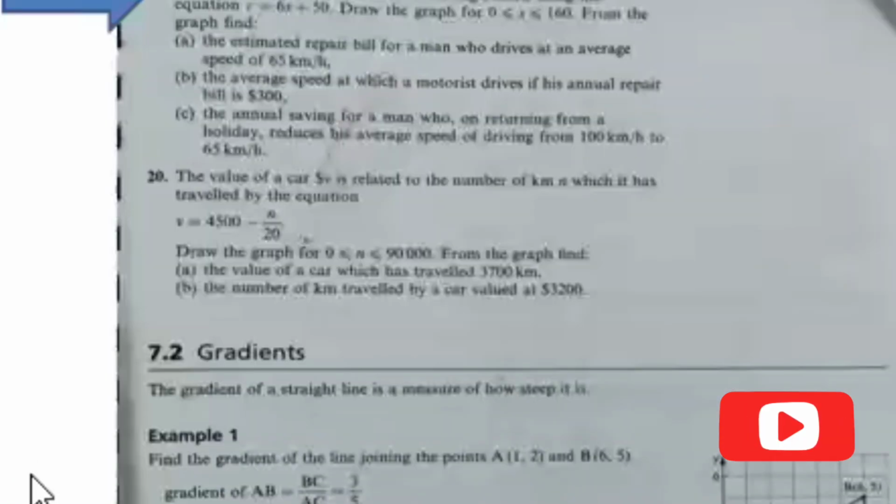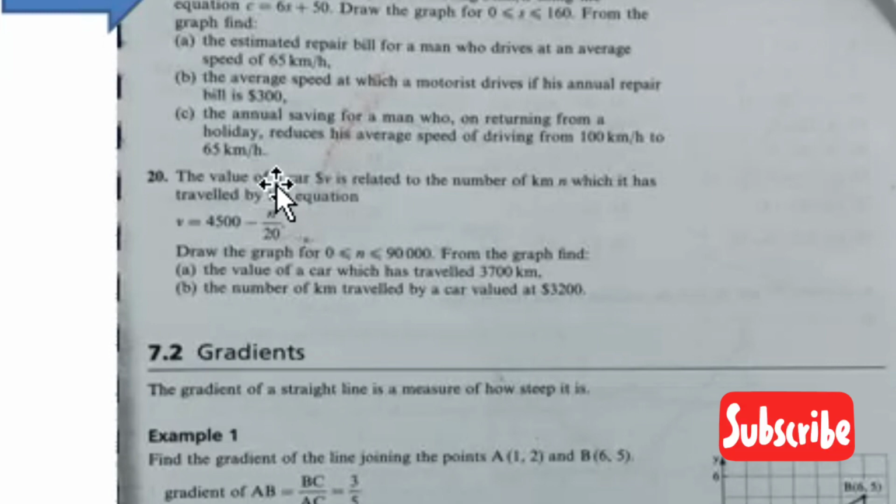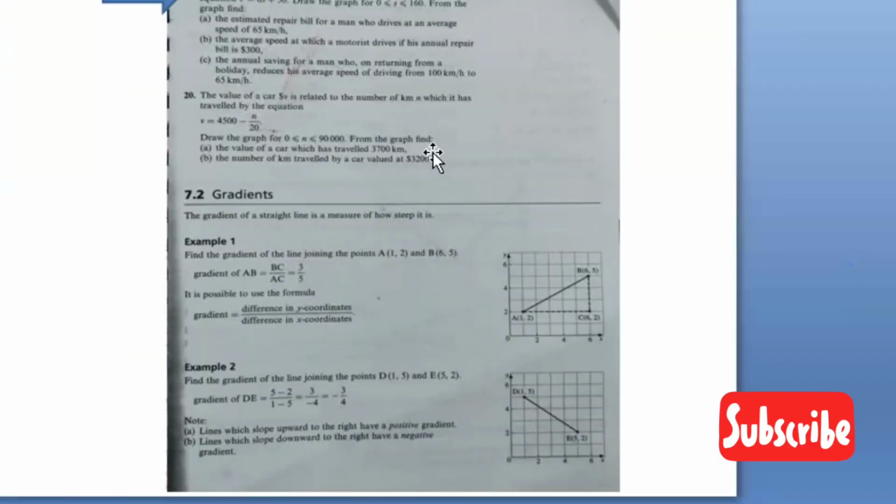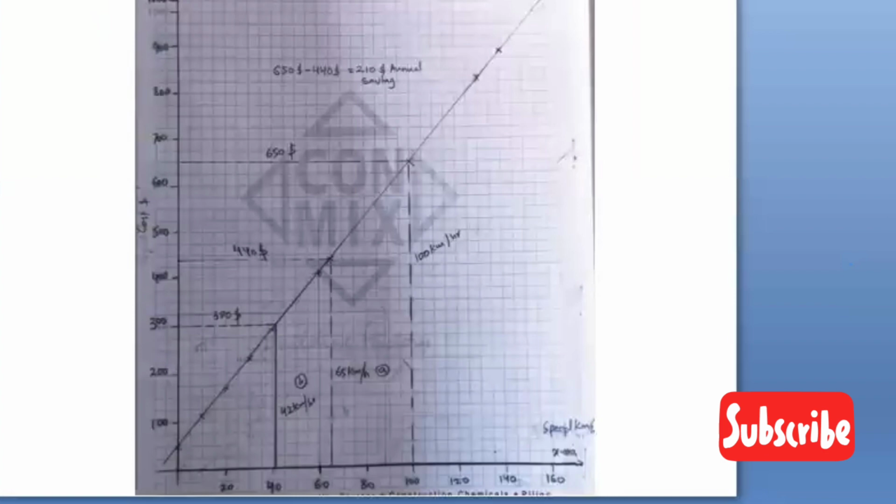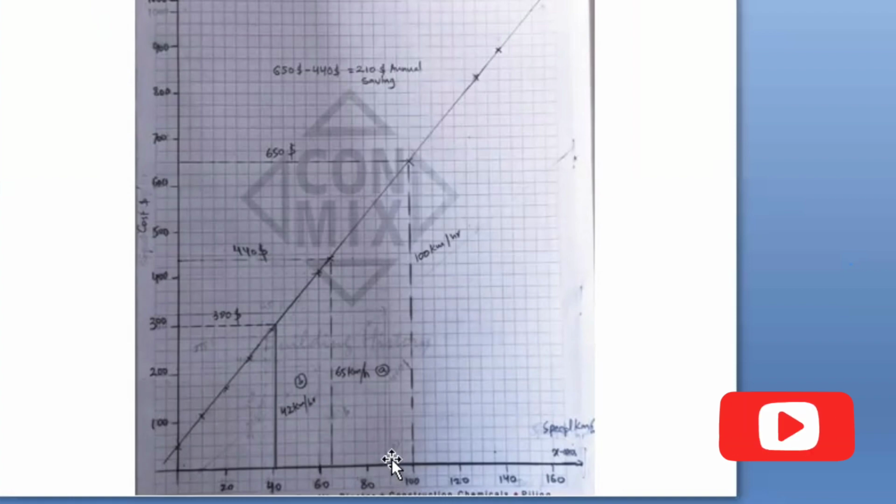Now the last part is the annual saving for a man who, on returning from a holiday, reduces his average speed of driving from 100 km per hour to 65 km per hour. For this, we need to first find the 100 kilometer cost. When he drives at 100 kilometers, what happens to the annual bill?